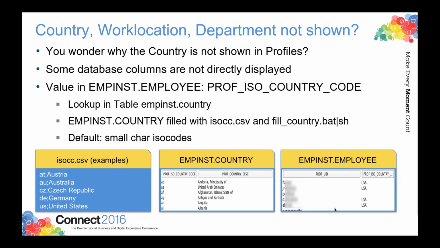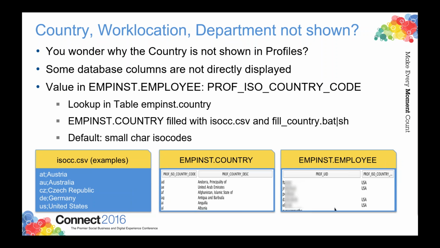What can happen? Normally, the country value for an ISO code is in capitals, but we can see here the ISO code for country is only stored in small characters within the database. So there's no mapping because it's case sensitive, and the country will not show up. You have two possible ways here.